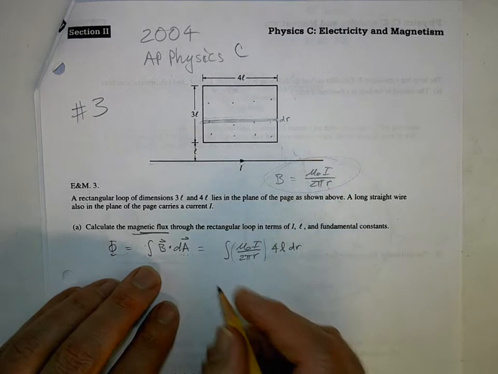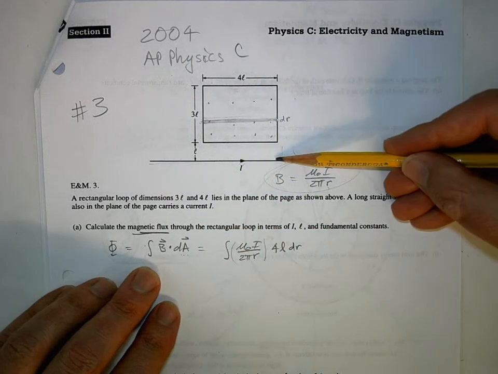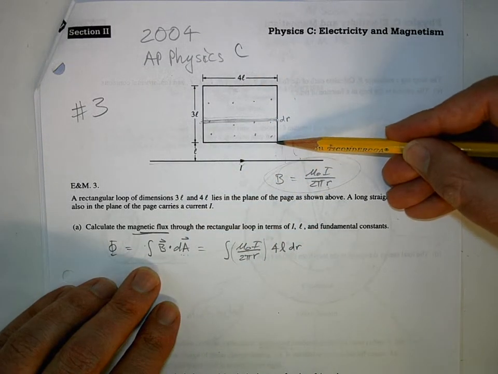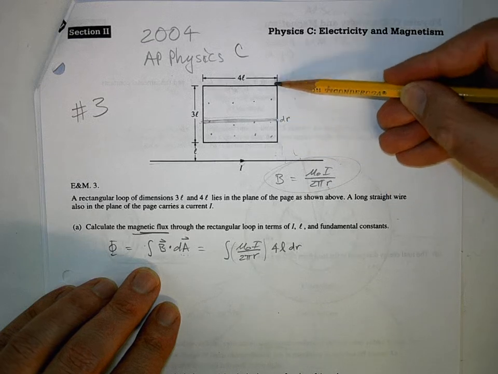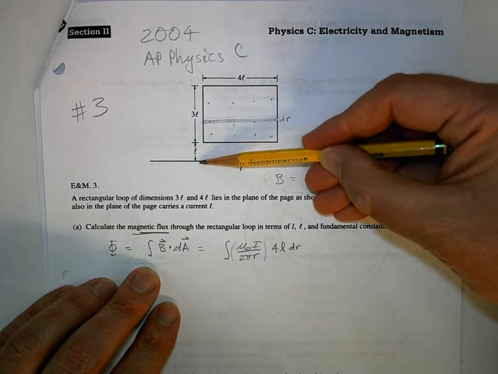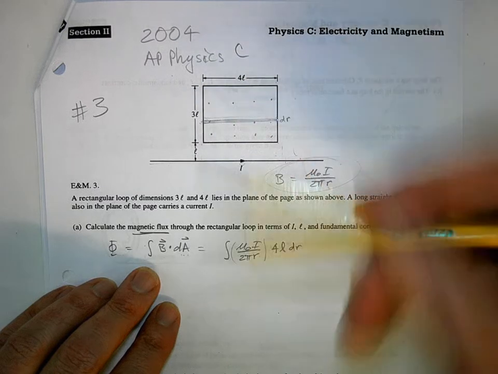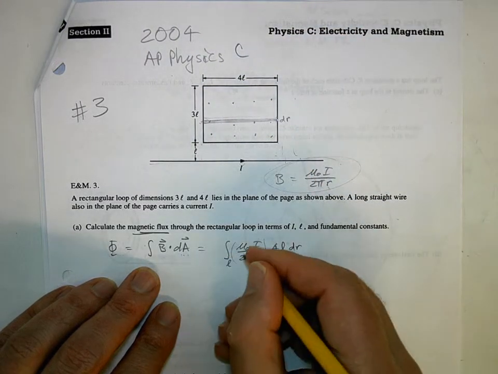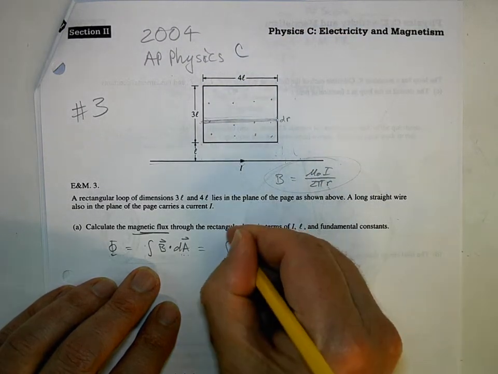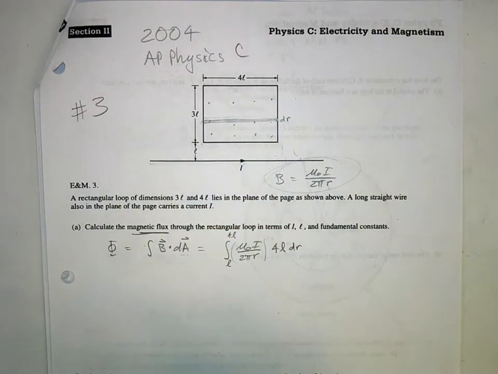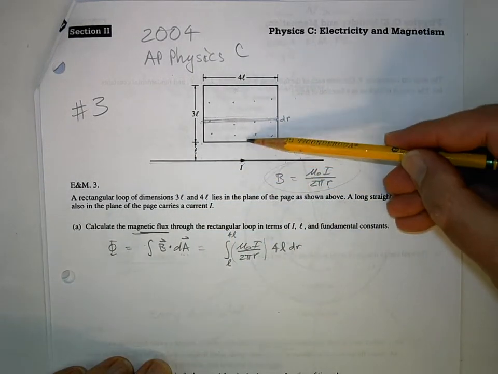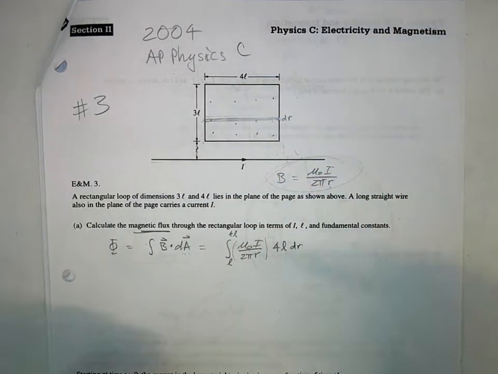Now, this is a definite integral. Where am I going to integrate from? Well, when r is equal to L, all the way out to 4L. This is 1L away, this is 3L more away, so that's 4L. So from L to 4L, those are my limits of integration. r starts here and ends here as I do this integration.